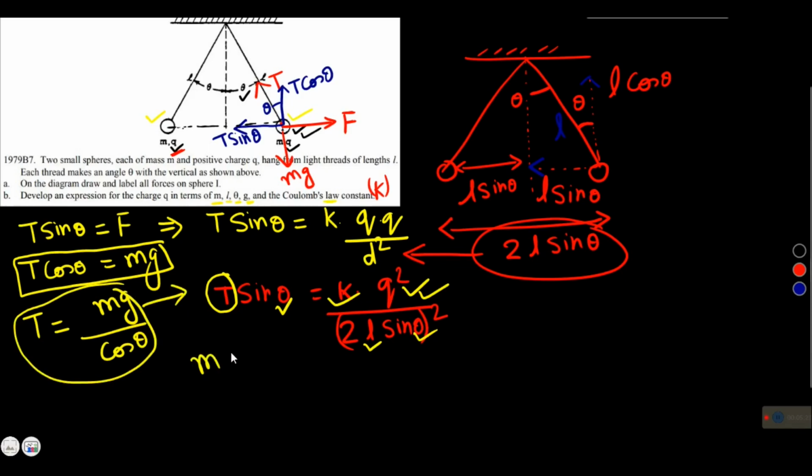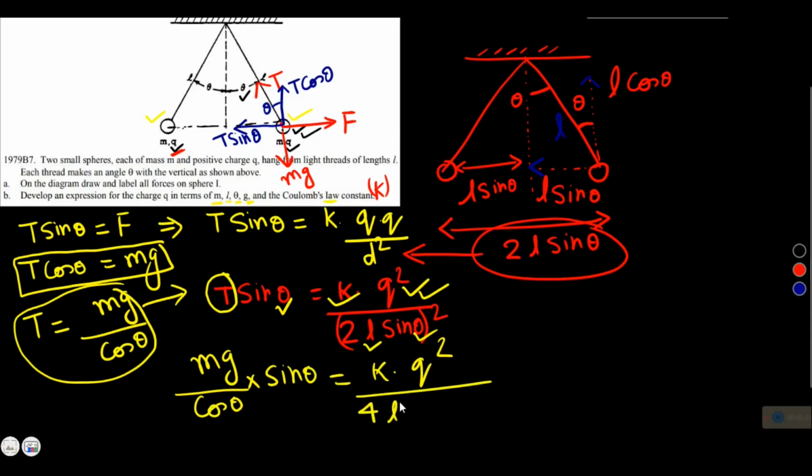So we can write mg upon cos theta into sin theta should be equal to k q square divided by 4L square sin square theta.